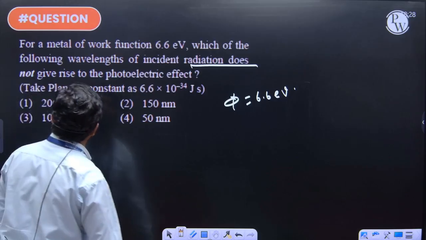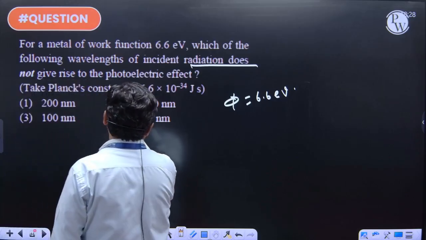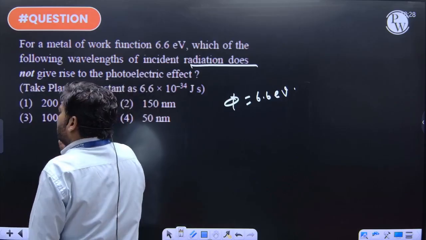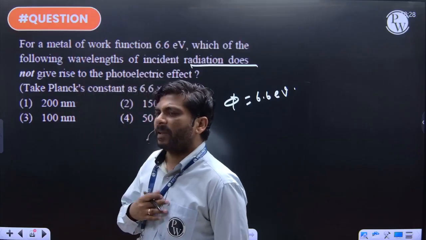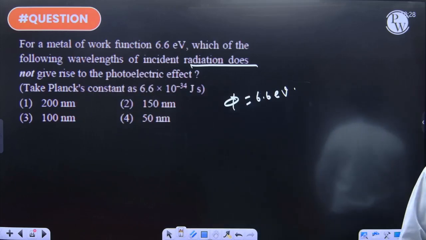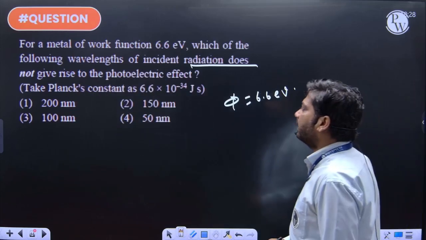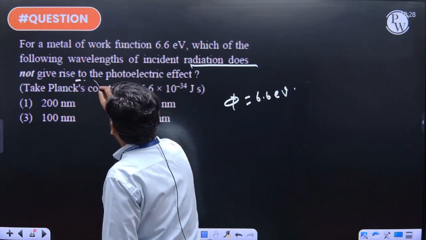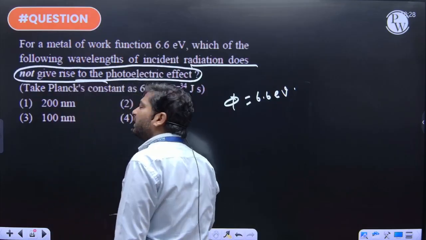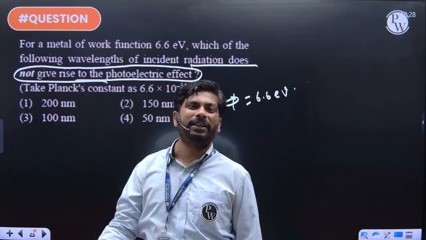Just use some common sense. If wavelength is more, frequency is less, and the question asks which does not give rise to the photoelectric effect. So choose the one having the highest wavelength.